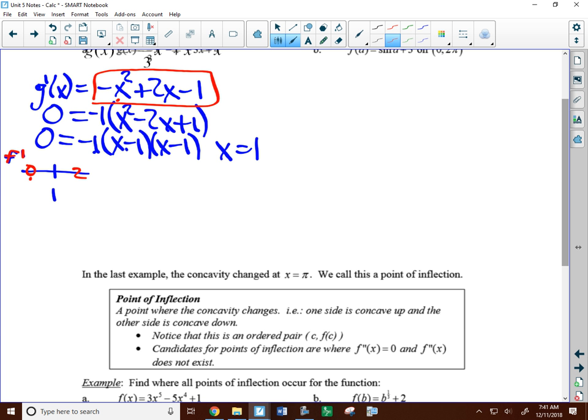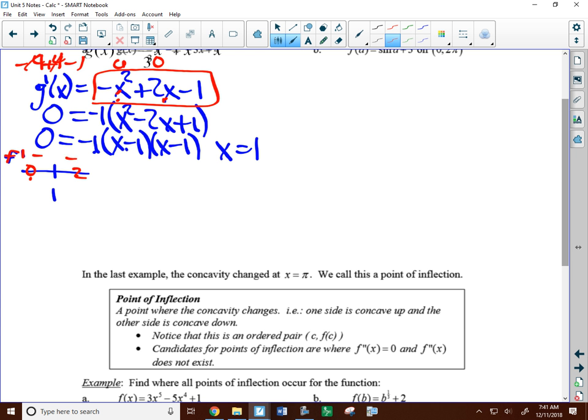So I'm starting with 0. 0 here would make 0, plus 2 times 0 is 0, and then negative 1. We'll just make a negative number. If I plug 2 in, 2 squared is 4, and the negative was just on the outside, so that's negative 4. 2 times 2 is 4, minus 1.